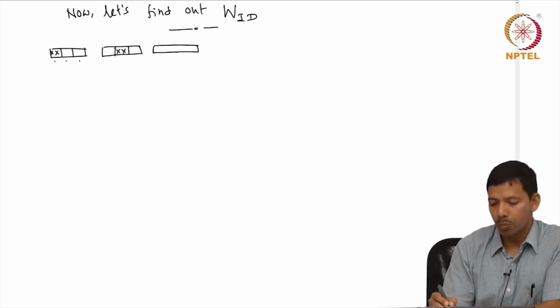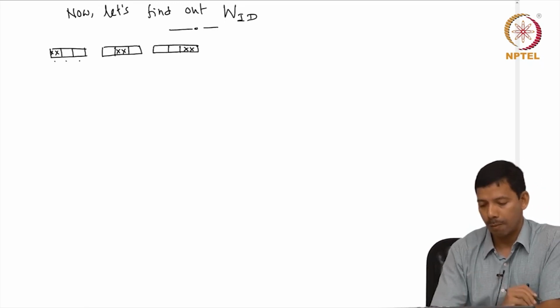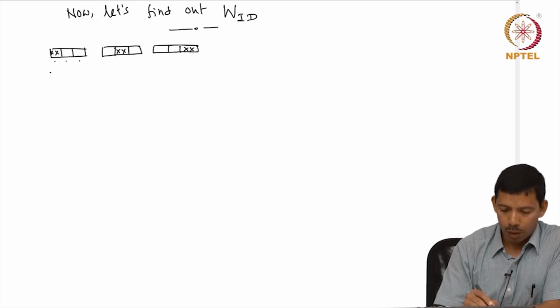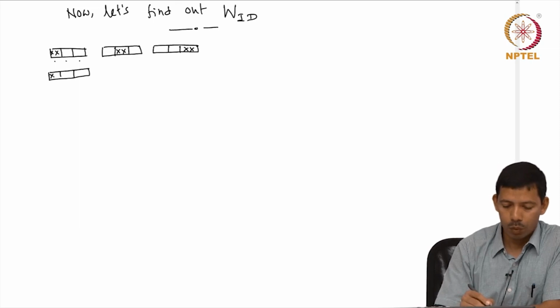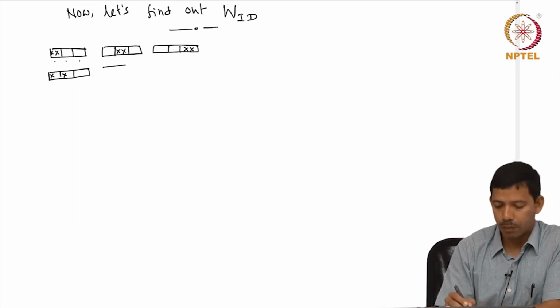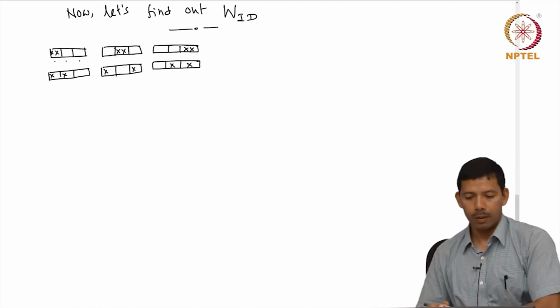I can put these two particles in here as well. I also can put them one here, one there. I can put one here, one there, and I also can put one here, one there.